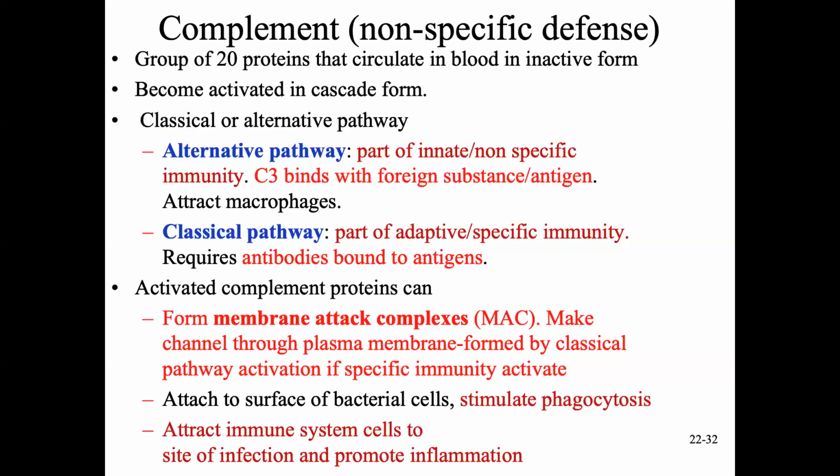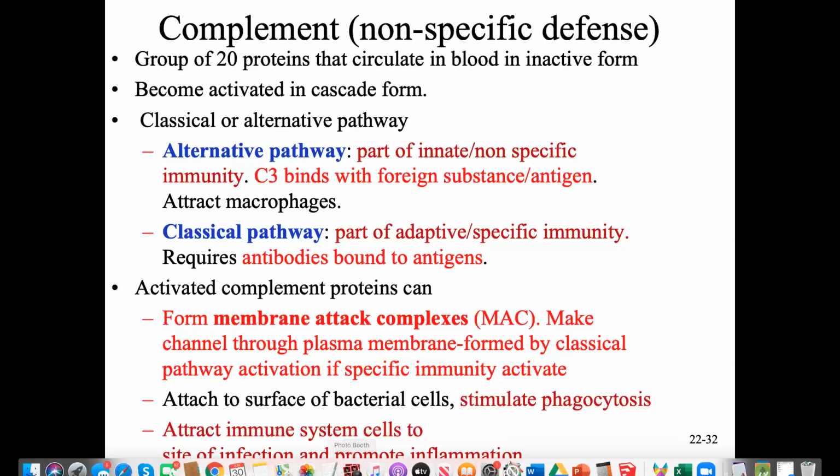It knows where to go by breadcrumbs, and that's what C3 is. C3 binding to the foreign antigen starts to stimulate and attract more white blood cells to that area. So it's like a homing beacon, and the white blood cells are attracted to that region because it contains lots of C3 attached microbes.